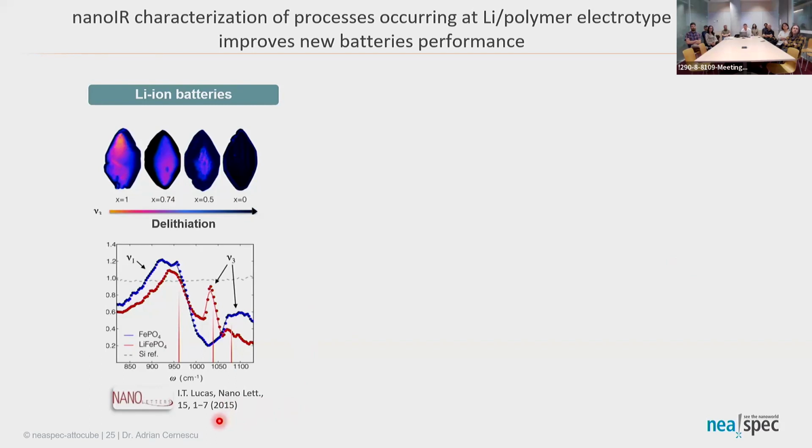So you can do some kind of nano catalysis. You can observe the changes. In this case, this is the lithiation process, which happens during discharging of a lithium-ion battery. So you can measure the spectrum of such a grain, such a crystal, and see how efficient, let's say, was the charging or discharging.